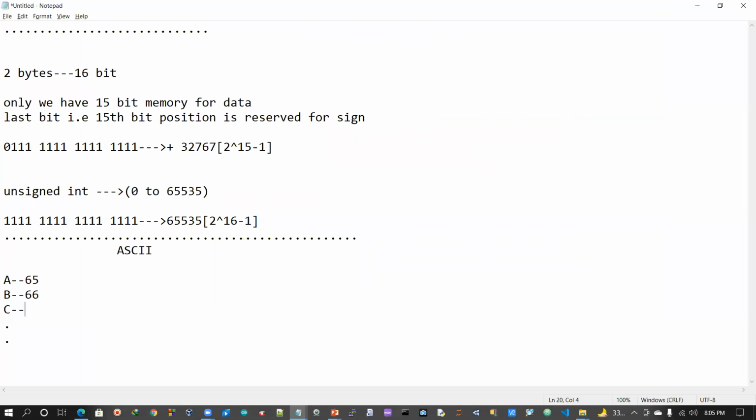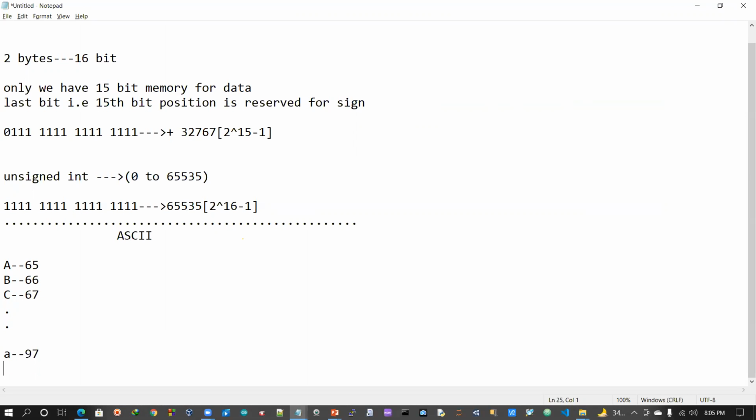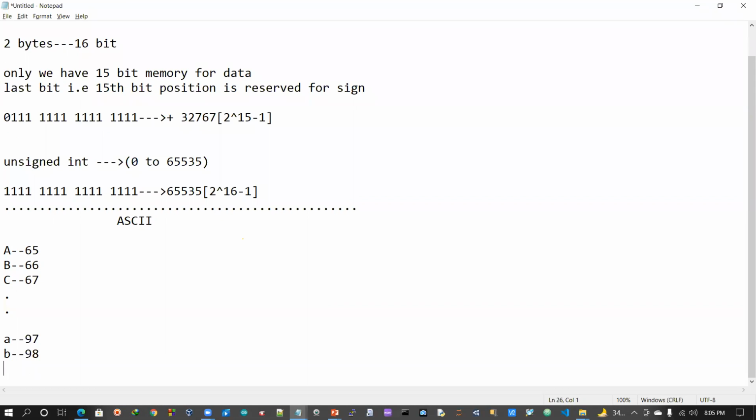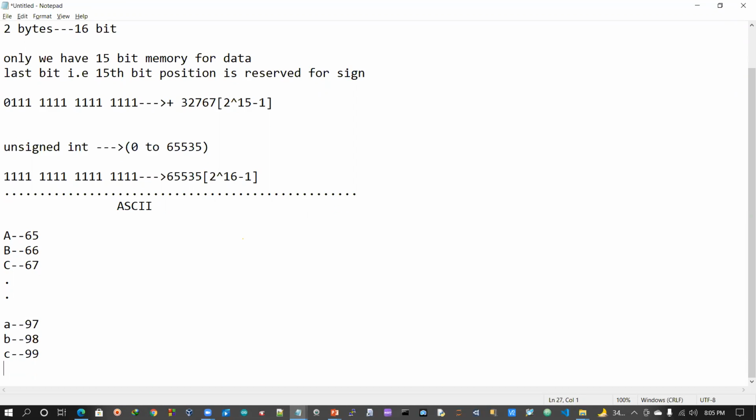For C, 67, and so on. Now coming to small a: for a it is 97, for b 98, for c 99, etc. I hope you get this point.